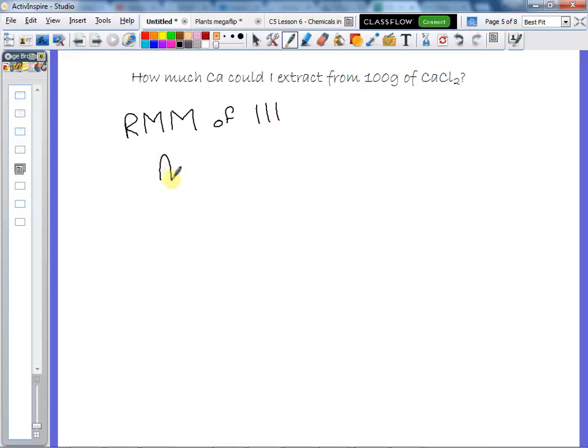The AR, the relative atomic mass of calcium, equals 40.